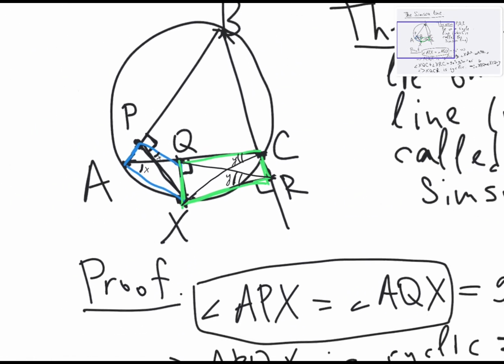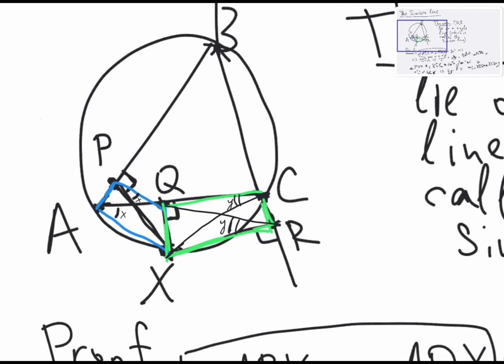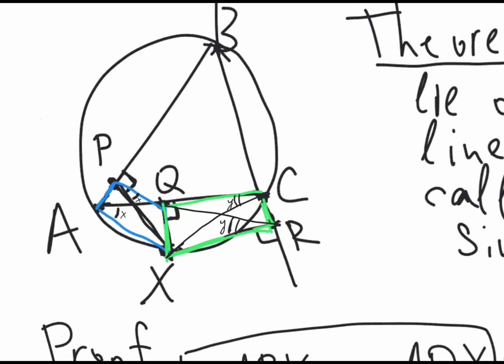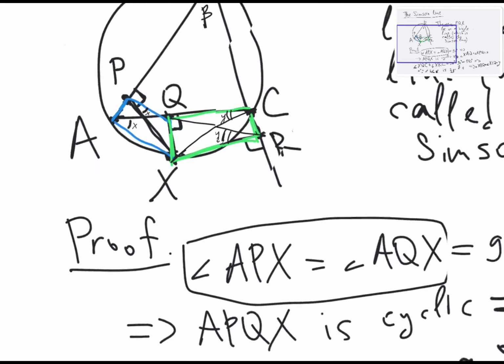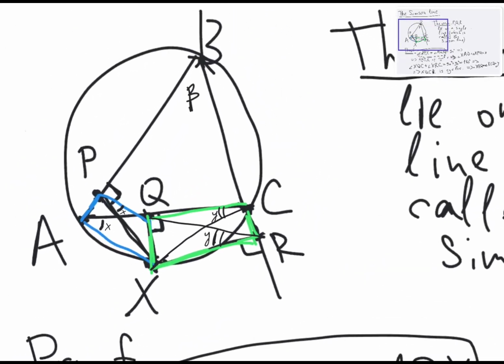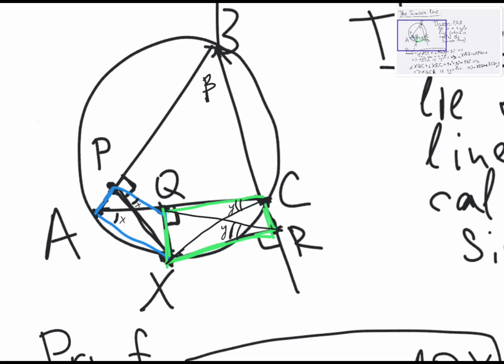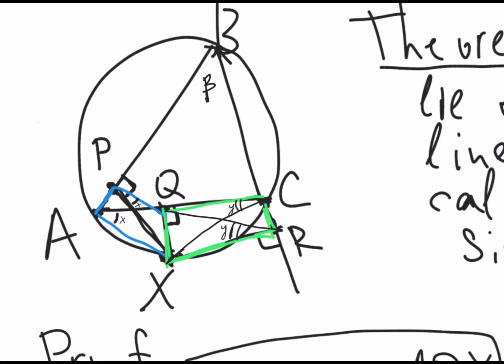Okay. Now let's denote also the angle B in the original triangle by beta. So now we notice that in the circumcircle of the triangle ABC, the arc AC is equal to 2 beta, so it's twice the inscribed angle beta that subtends this arc.